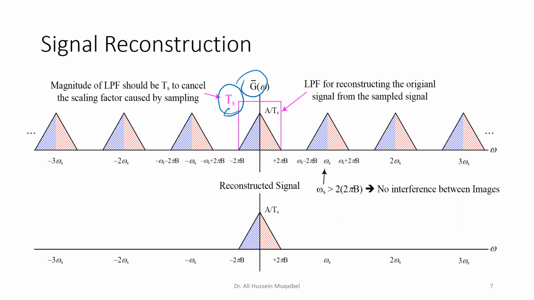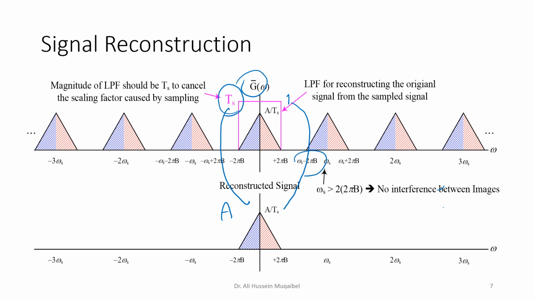If you use Ts, then the spectrum here will have an amplitude of just A. If the spectrum here has an amplitude of 1, then you get A over Ts. So it seems that signal reconstruction is a simple low pass filter, and we have to be careful now when we sample, to make sure that the images do not overlap, because if these images overlap, then we cannot reconstruct the signal.